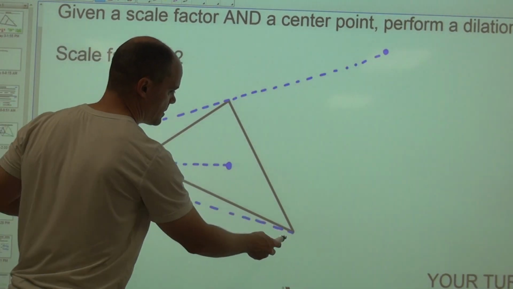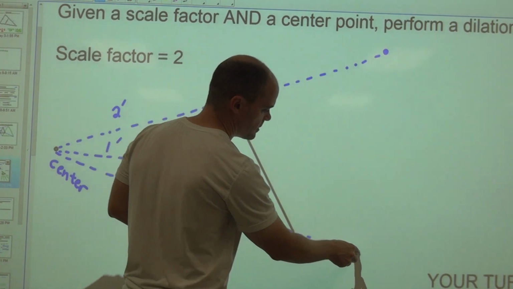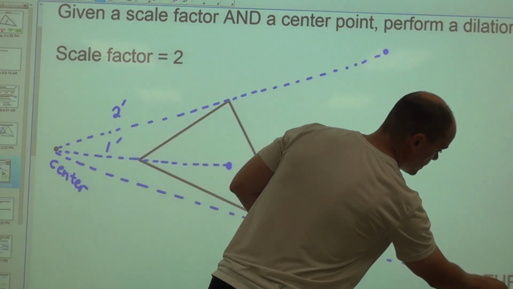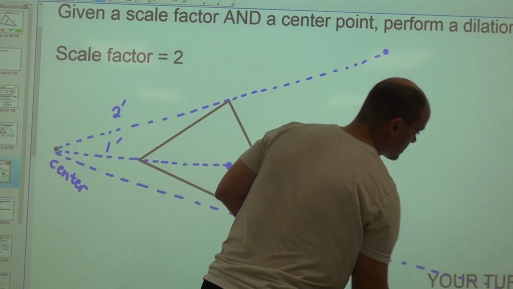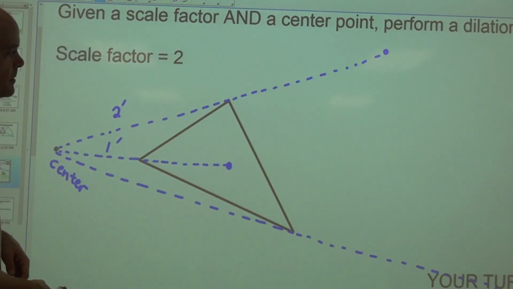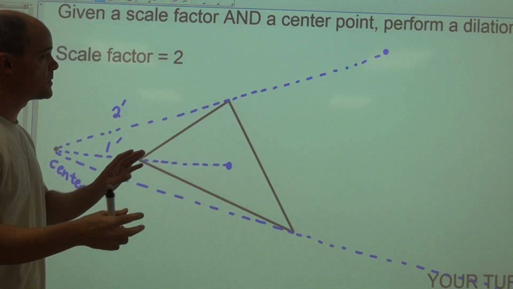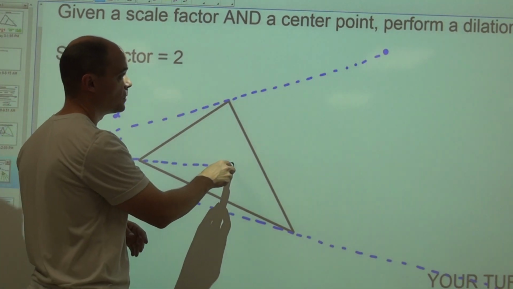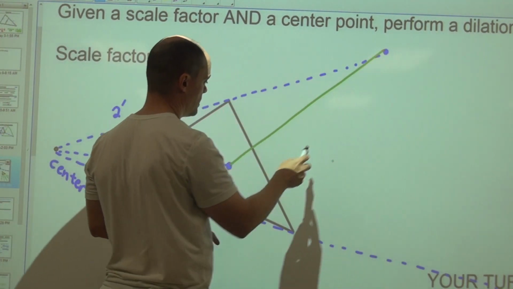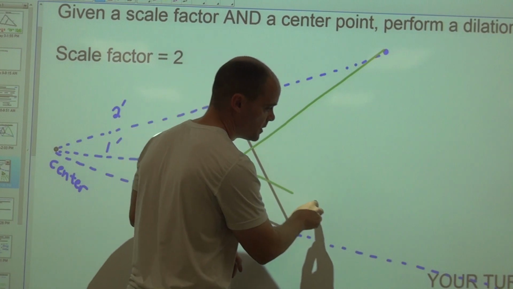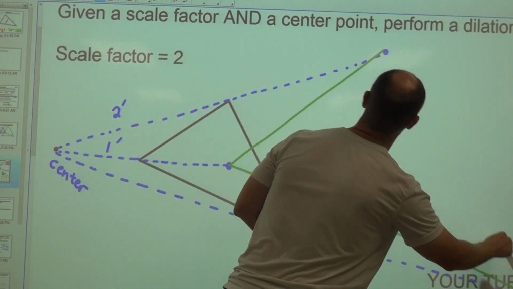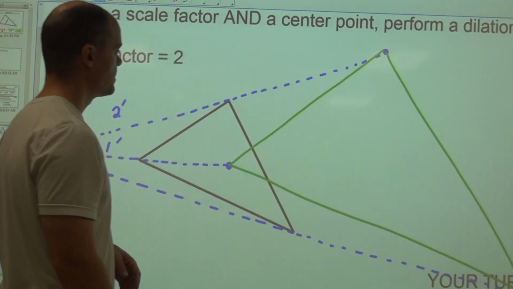So doubling that distance is going to take me way down into the corner of the board somewhere. Maybe I went far enough, maybe I didn't. And hopefully, completely winging this, I don't have a meter stick or any measurement tool, but hopefully this is pretty close. And we jump all the way down and all the way up.